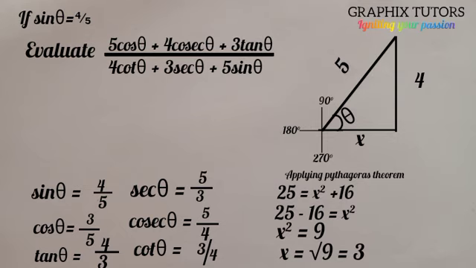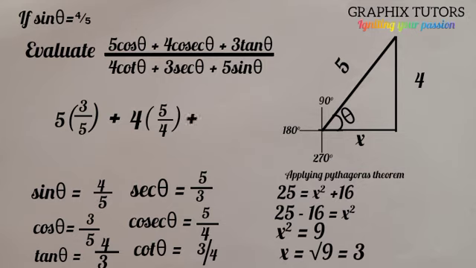So I'm going to implement what I have here into the expression above. Let's start inputting. From the first one, we have 5 cos theta, and cos theta is 3/5, so we have 5 into bracket 3/5. Plus 4 cosec theta, where cosec theta is 5/4, so 4 into bracket 5/4.